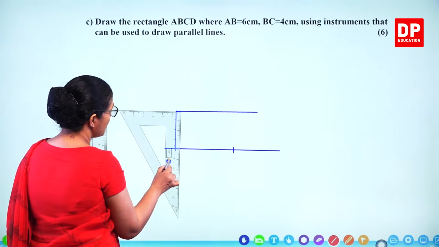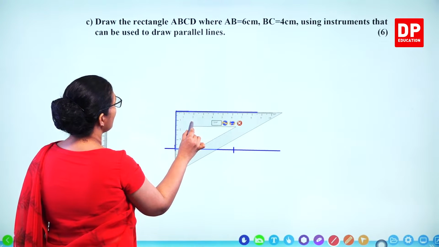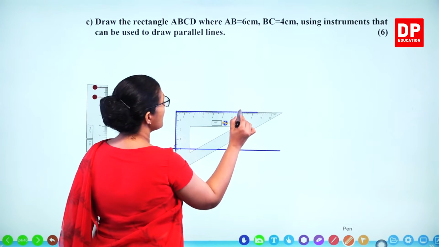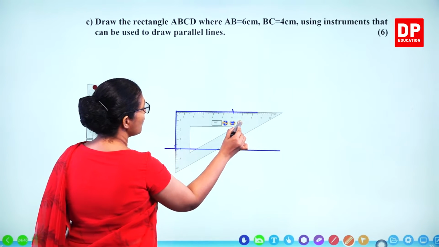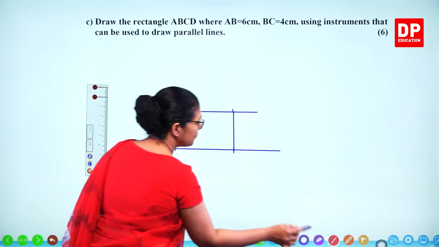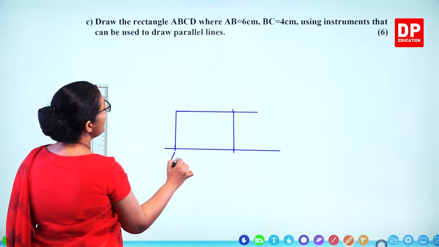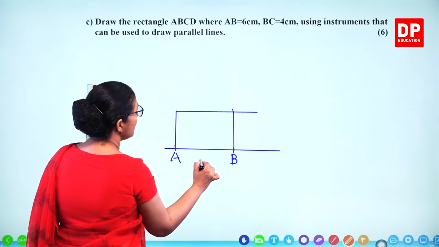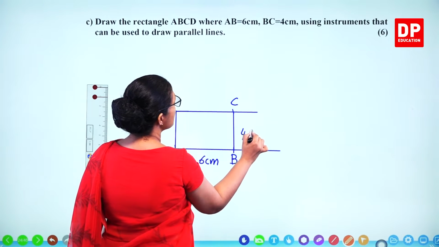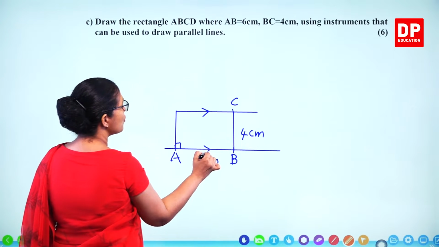I need to rotate this one to this side and measure. 6 centimeters is here. Now you can connect the two lines. What are the points? A, B, we took 6 centimeters. B, C, we took 4 centimeters. And these are 90. And this one is parallel to this line.